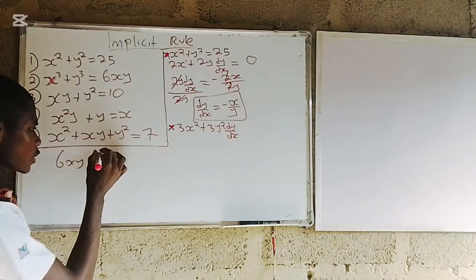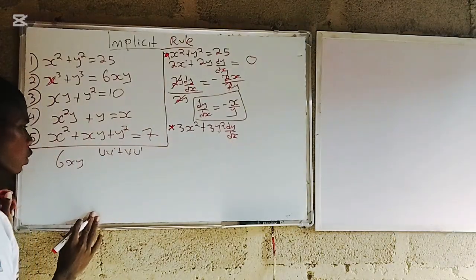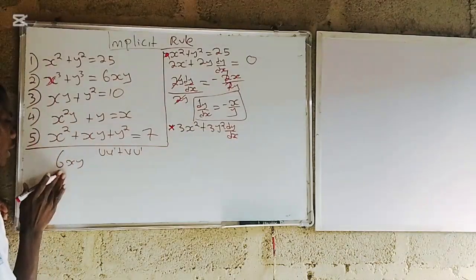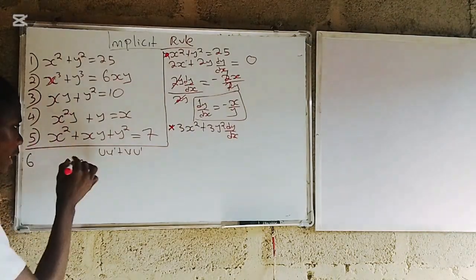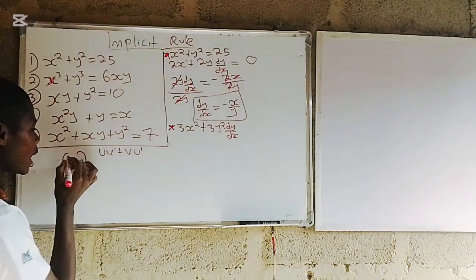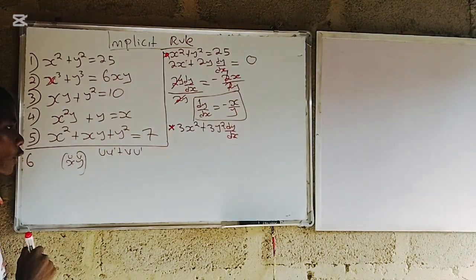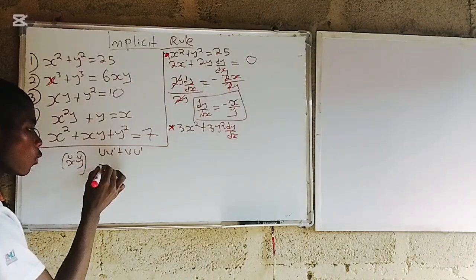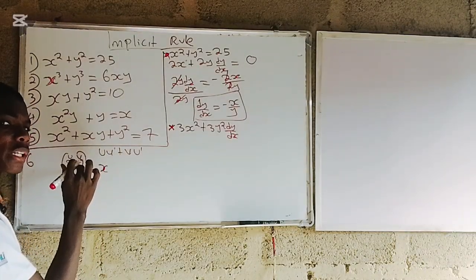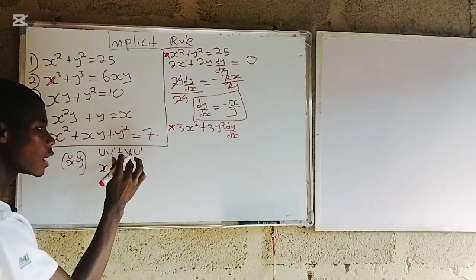So to apply the product rule, u prime v plus u v prime. So let's exclude this 6 and keep it aside. Let's deal with this. Let's say this is u, this is v. What is u? u is x. What is v? This is v. So derivative of y, dy dx, plus what is v?